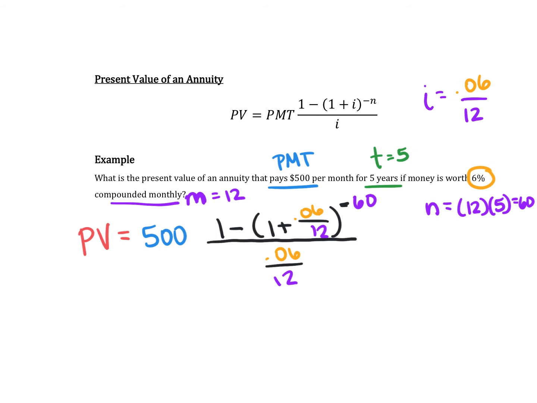I'm going to go to the calculator for the rest of this, and we're going to do it in parts. First, if you calculate 0.06 divided by 12, this is a very nice number, equal to 0.005. So now you're doing 1 minus 1 plus 0.005 raised to the negative 60. I'm going to do the 1 plus 0.005 raised to negative 60 first.